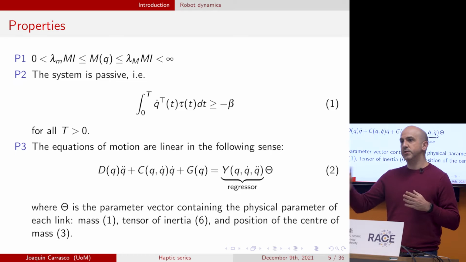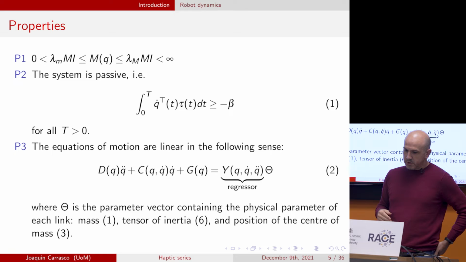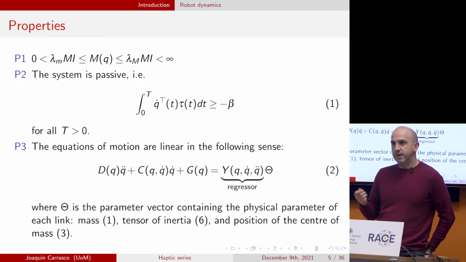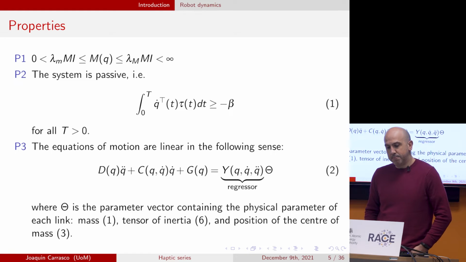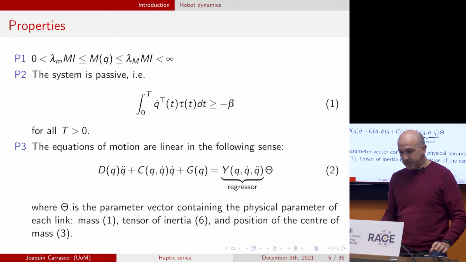It's not going to go to infinity as you go to a configuration of the robot. The nice thing about this is that sometimes, if you want to do something like inverse dynamics, you may want to invert this matrix, and as this matrix is positive, you can always invert it with this property.